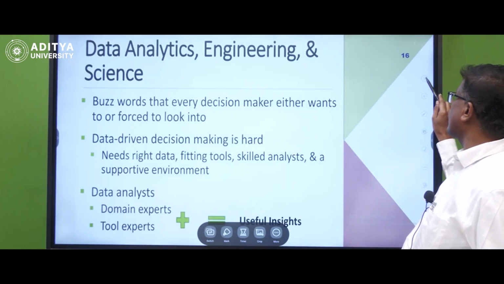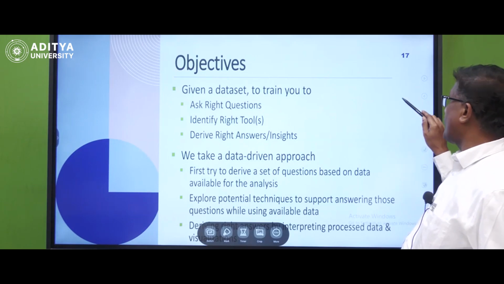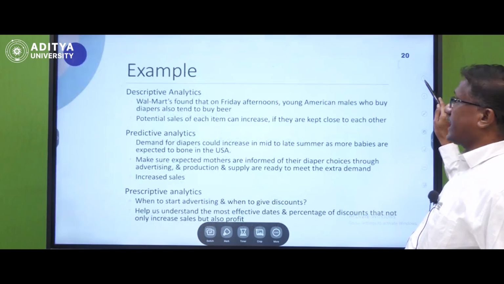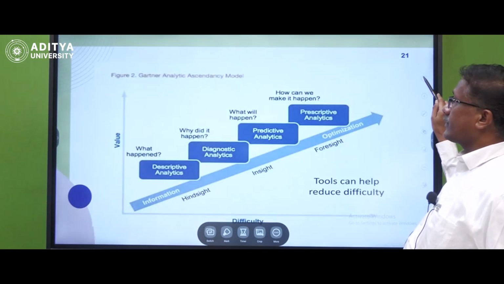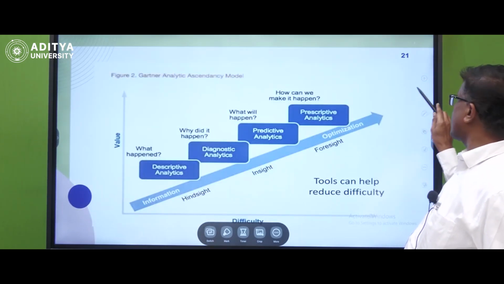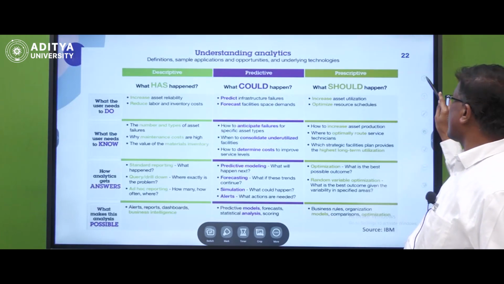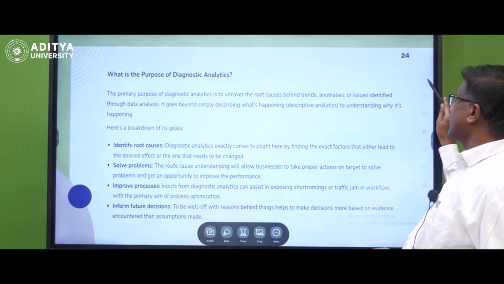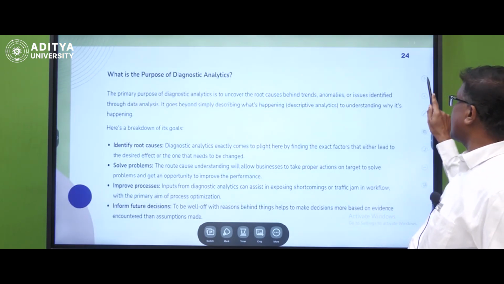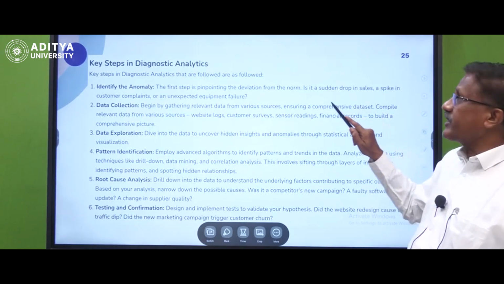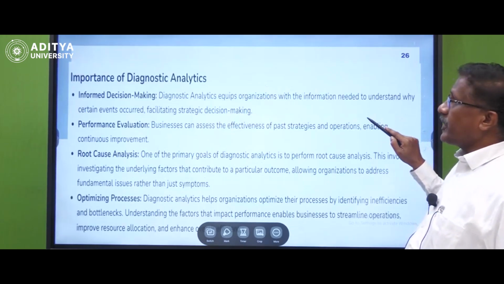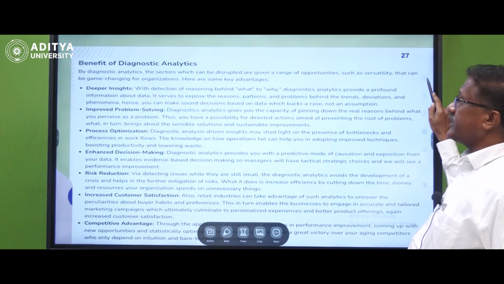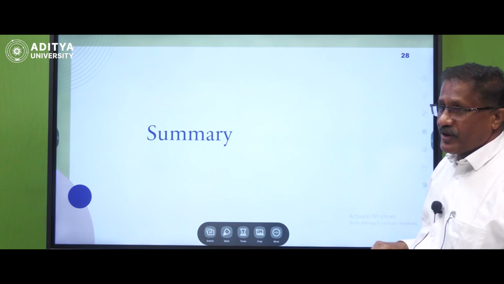And one sample problem also we have discussed, the objective of the problem and the problem statements, and diagnostic examples and the Gartner analytical ascendancy model and comparative charts, and finally diagnostic analytics separately we have discussed. And what is the purpose of diagnostic analytics, what are the key steps involved in diagnostic analytics, and the importance and benefits of diagnostic analytics. Now the summary is over.